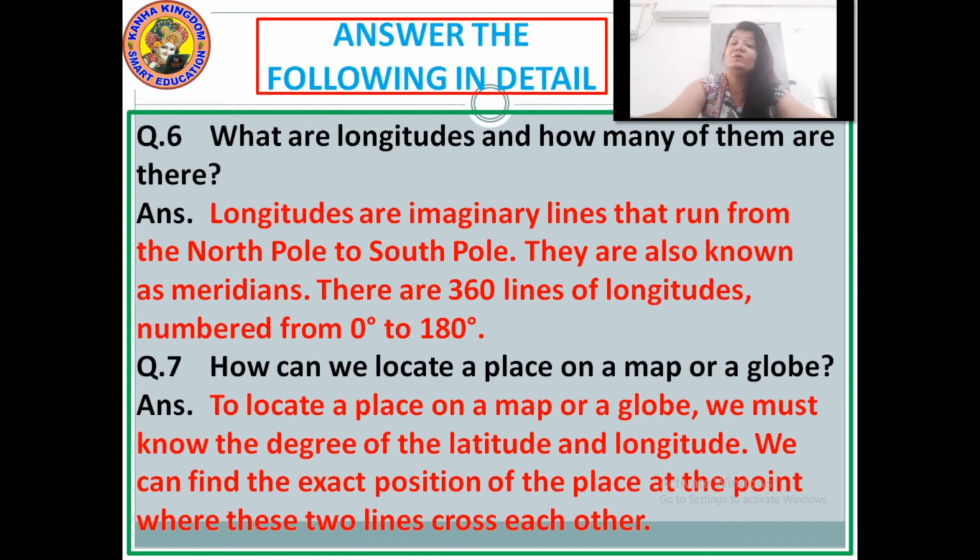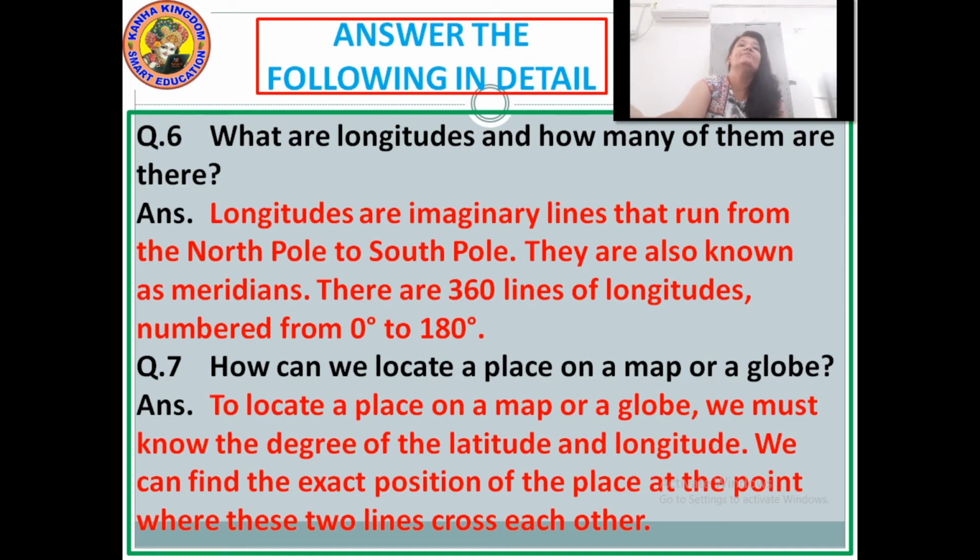So I repeat the question and the answer to number 6 again. What are longitudes and how many of them are there? Longitudes are imaginary lines that run from North Pole to South Pole.